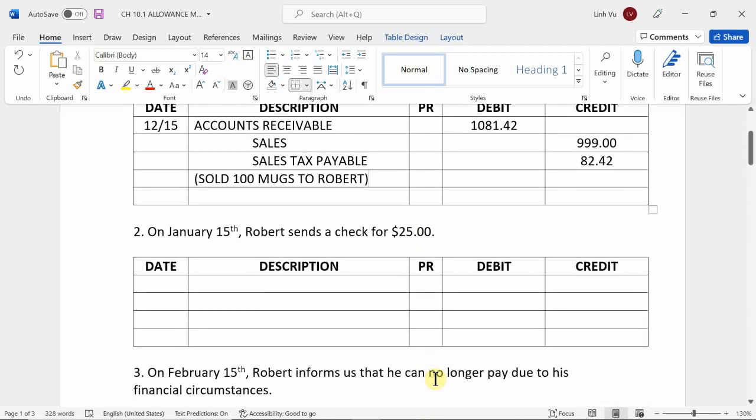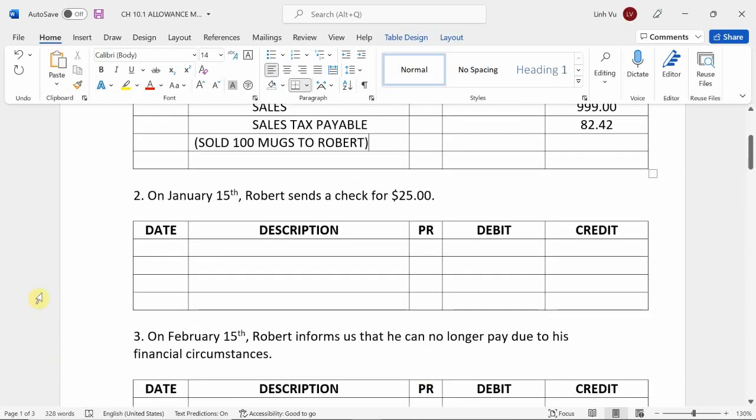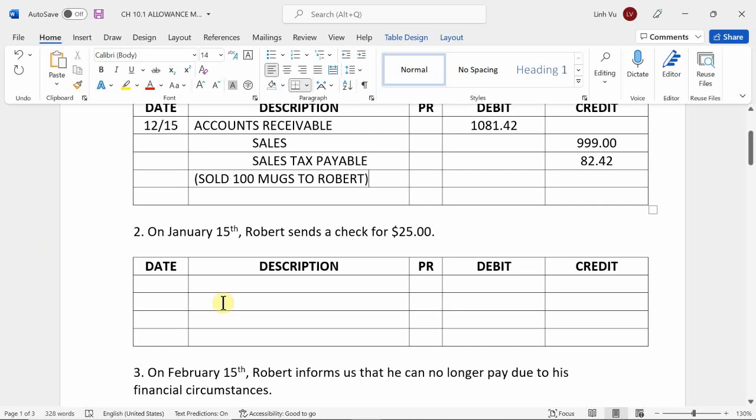Then on January 15, Robert sends a check for $25.